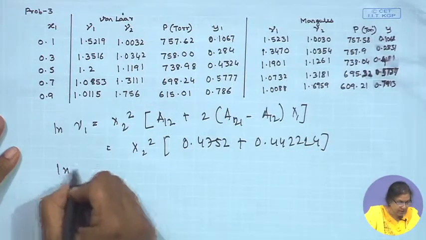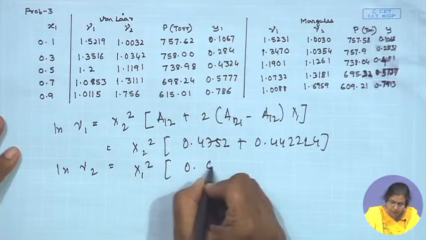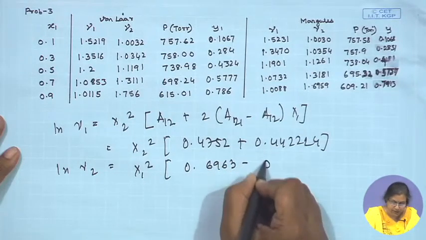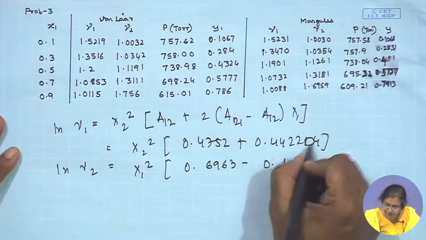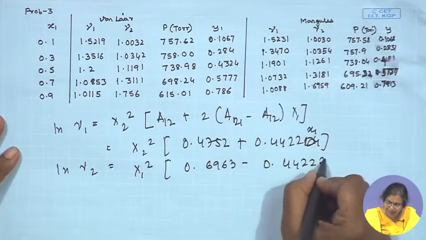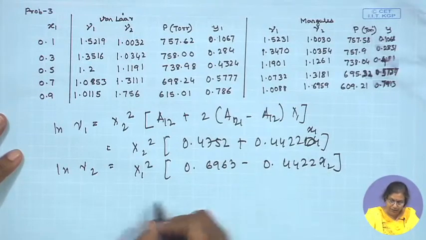In the same way you can find ln gamma 2: it will be x1 square into (0.6963 minus 0.4422). Sorry, this is x2. So, we can find this out.